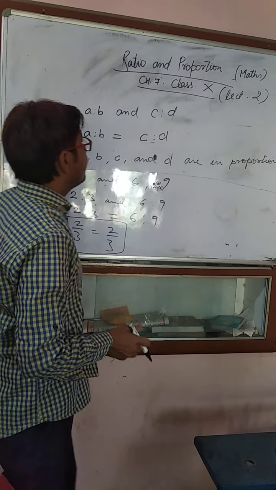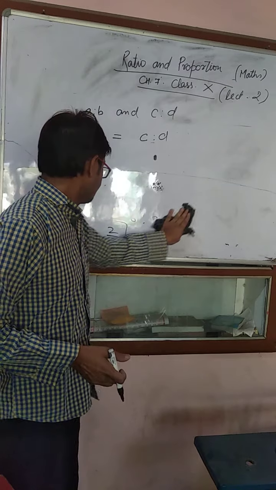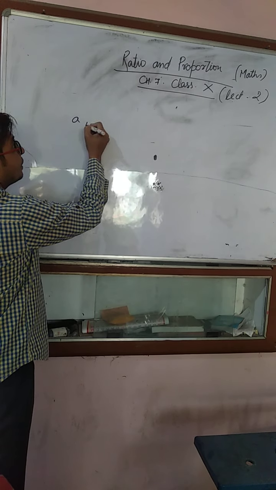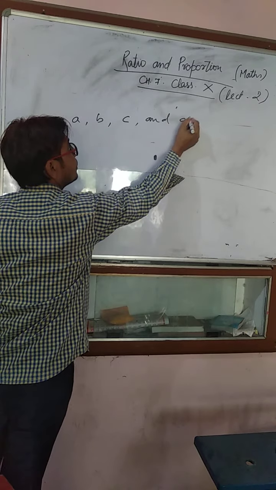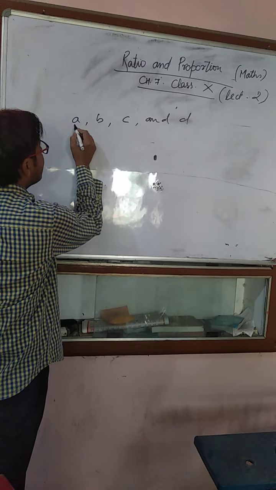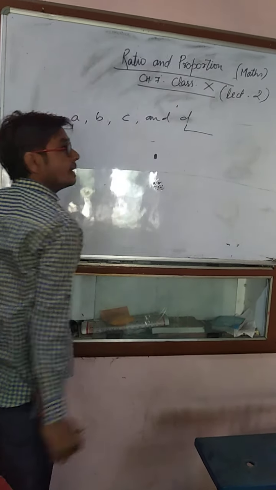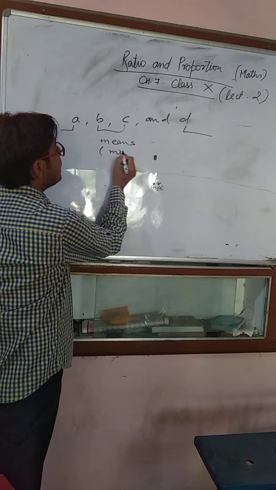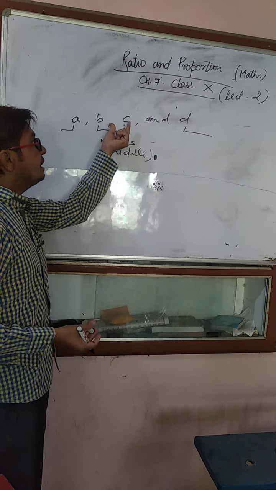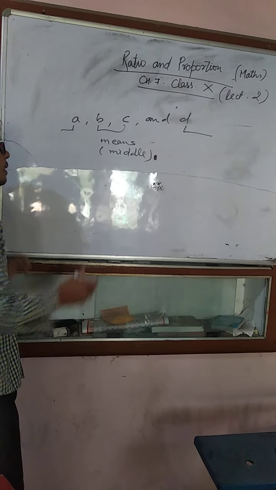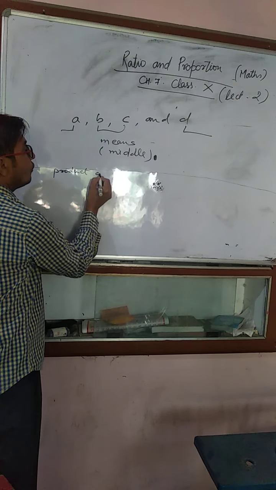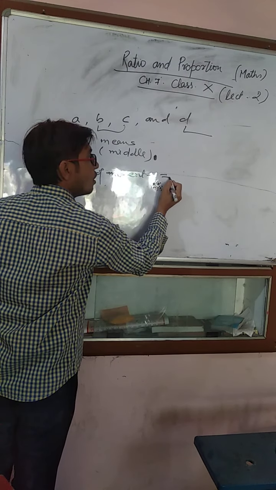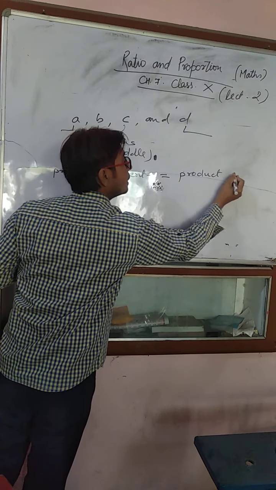These are the properties of proportion. Now, if A, B, C and D are in proportion, then we will say that these two are extremes and these two are means, the middle ones. So the product of extremes is always equal to the product of means.